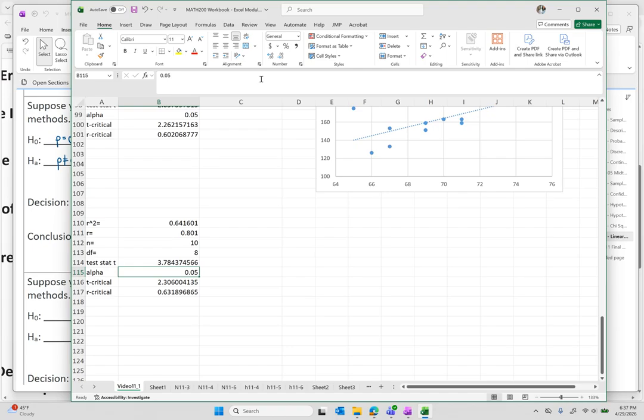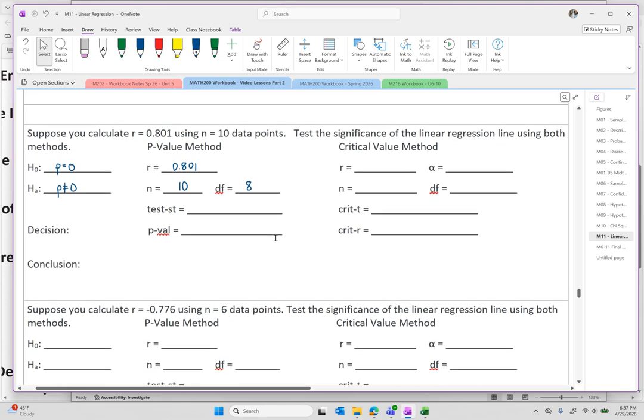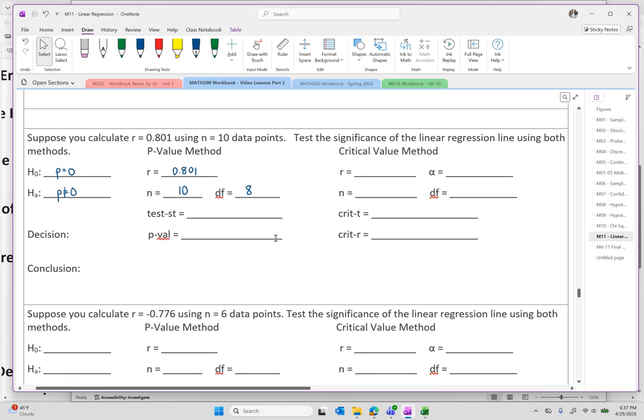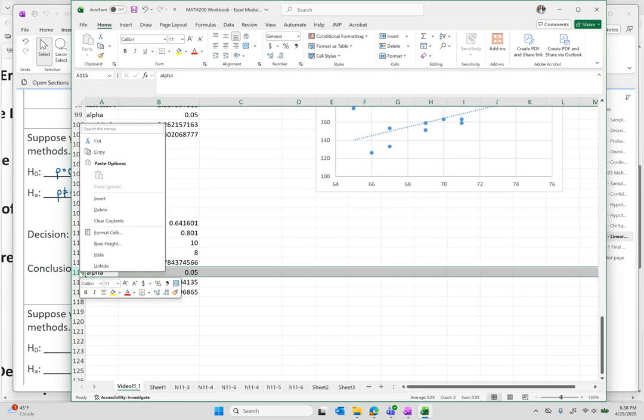Let me double check. It doesn't indicate, so we will assume it is 0.05. And I need the p-value that we found. So the test statistic is this. Let me see, I never calculated the p-value here. Let me insert a line.